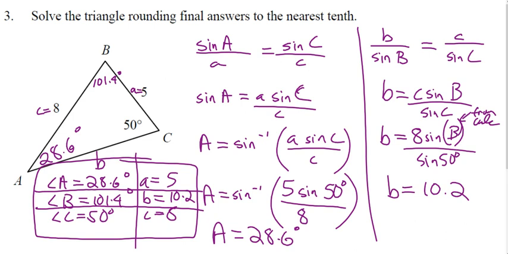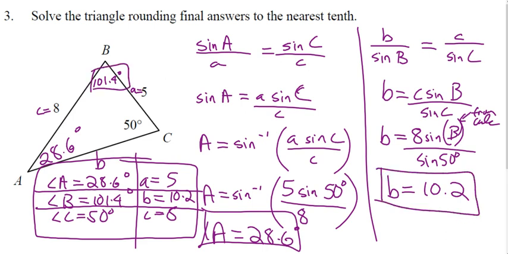There's a nice little chart, right? What you really needed was, okay, I needed to find this. I needed to find this. Probably should list that somewhere else. And I needed to calculate that. Okay, so that's a solved triangle, all 3 sides, all 3 angles.